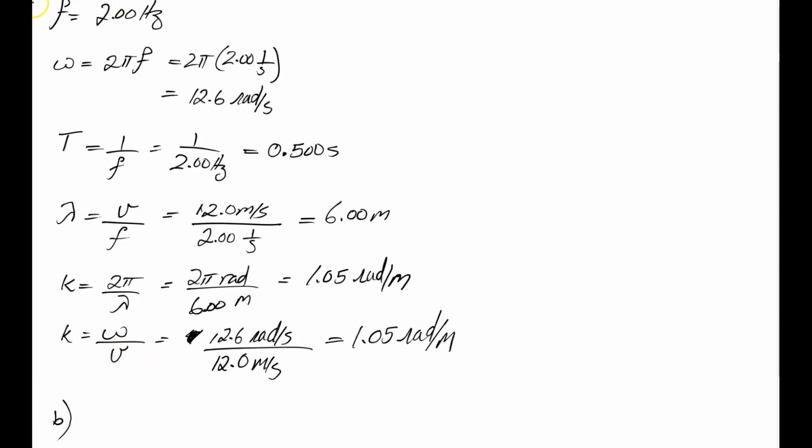Part B is asking for the function, and for these kinds of waves we know it depends on both position and time, and we can write this as A in general cosine 2 pi times x over lambda minus t over the period.